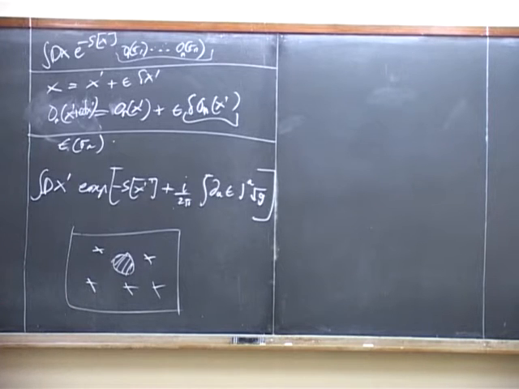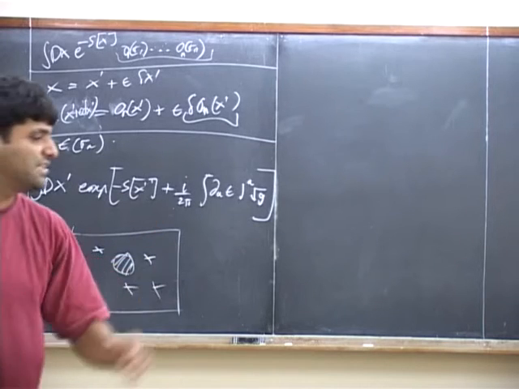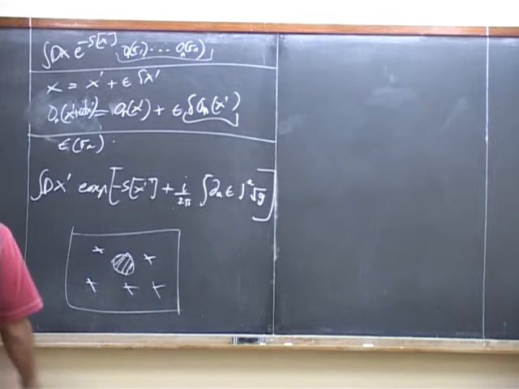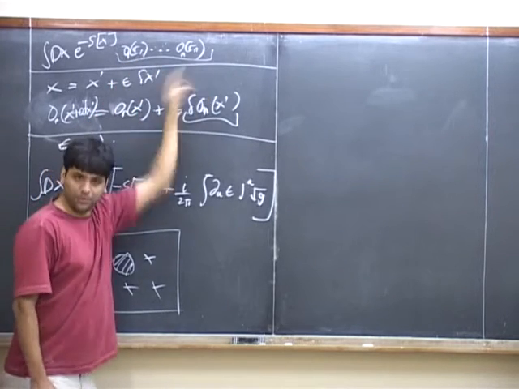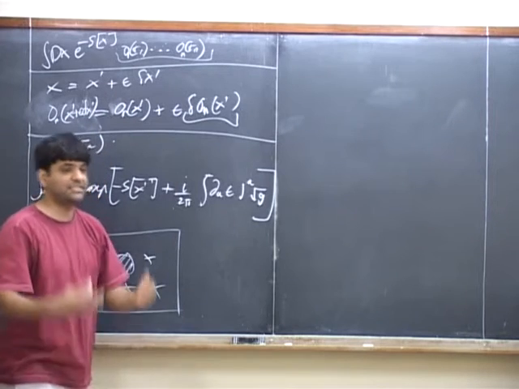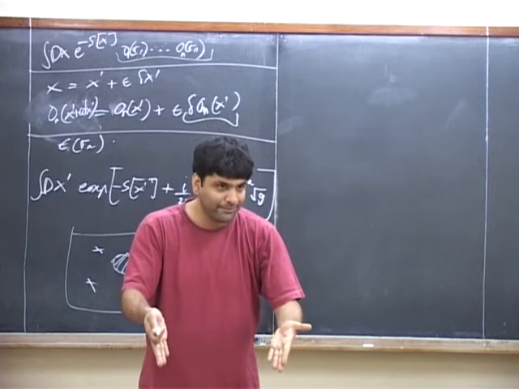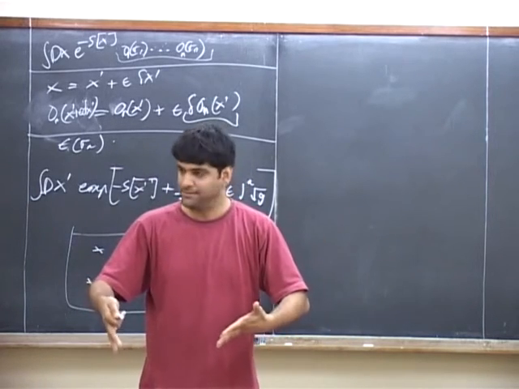It's slightly singular, but it will be useful for what I'm saying to choose epsilon to be 1 in that region and 0 outside. In that case, this change of variables does not affect the operator insertions at all, because the variable change is the identity where the operators are located, and the operators are local functions of the x fields.